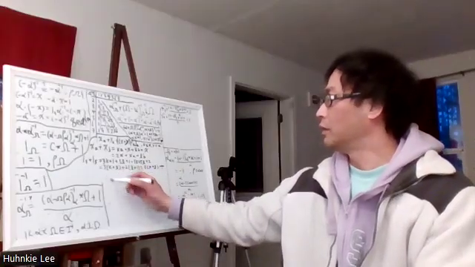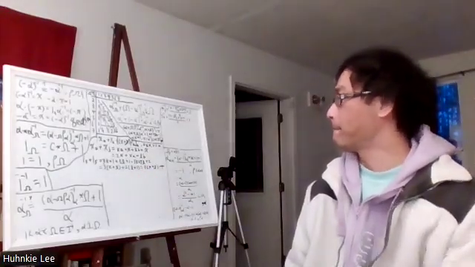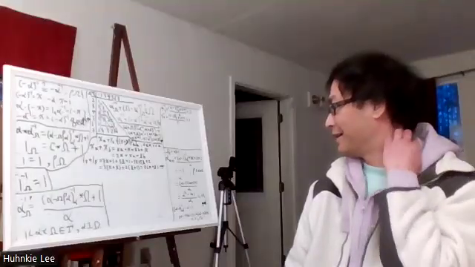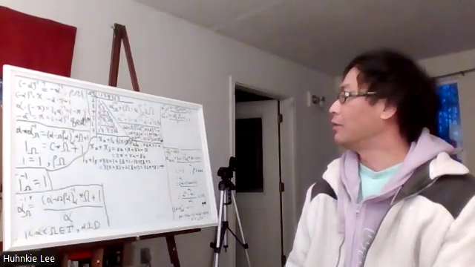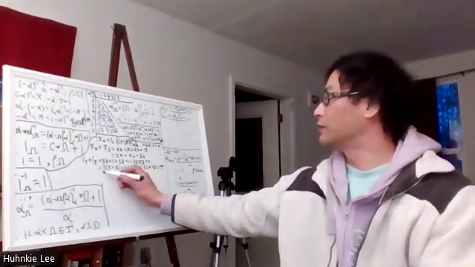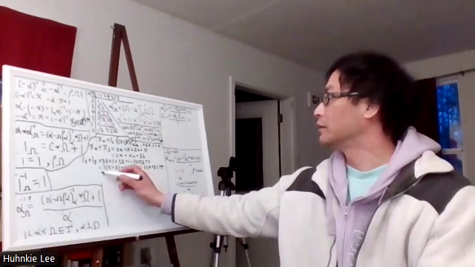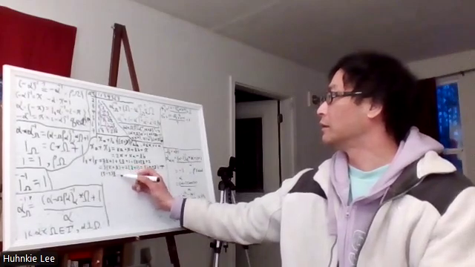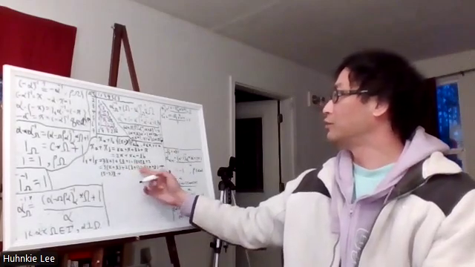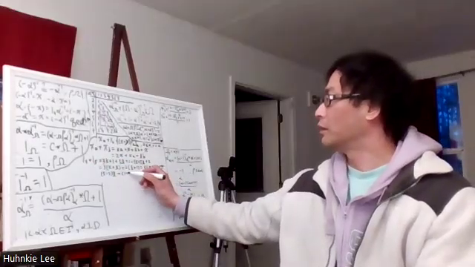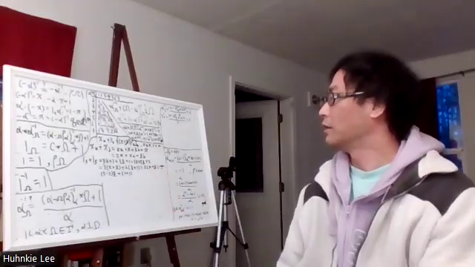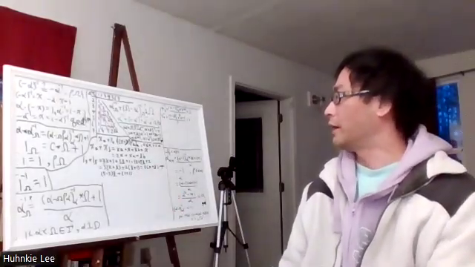Where did the 2 come from? 5 minus 3. And this 2 came from 1 plus 1.